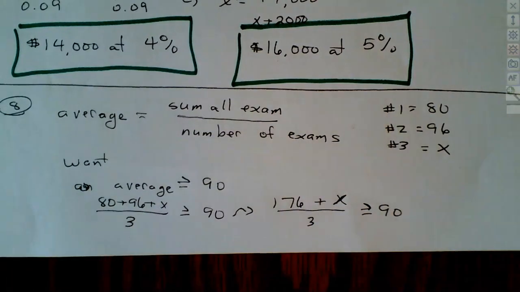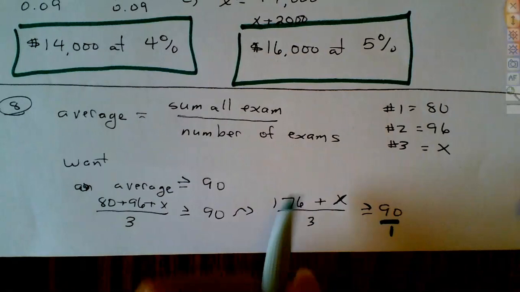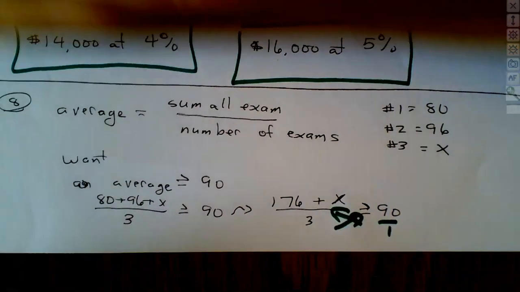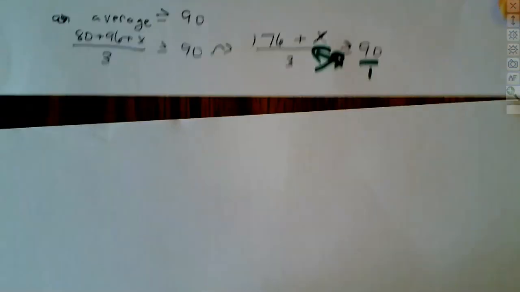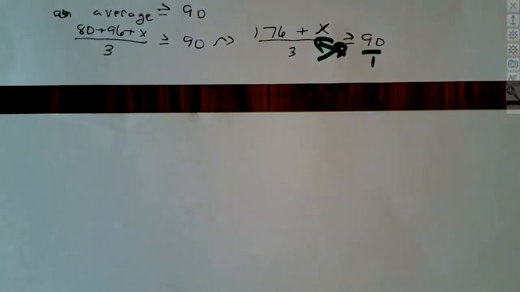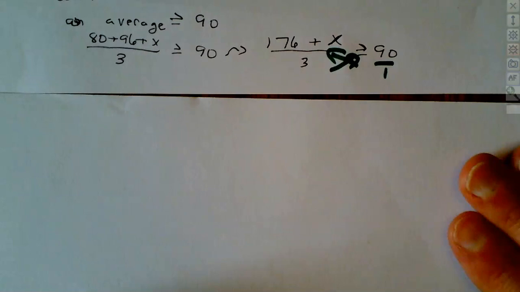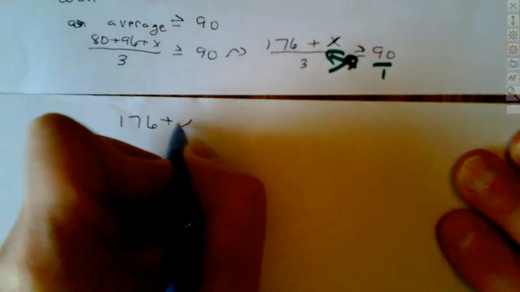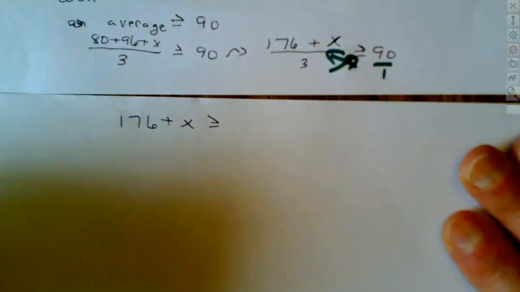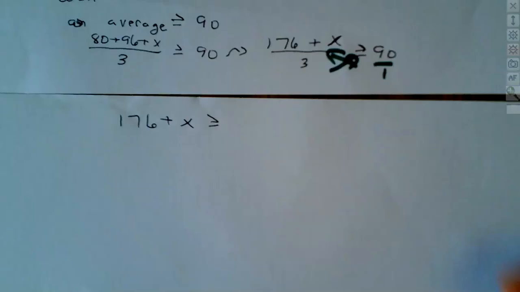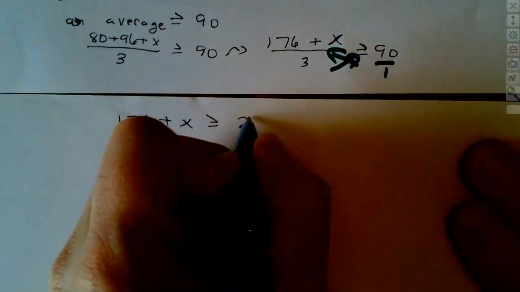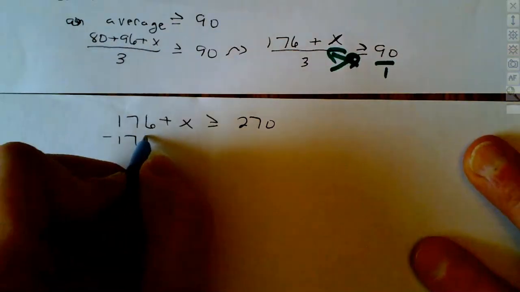Cross multiply. That clears your fractions there. So when I cross multiply, I then end up with 176 plus x is greater than or equal to, when I multiply 90 times 3, well, that's 270. And we'll move that 176 over.